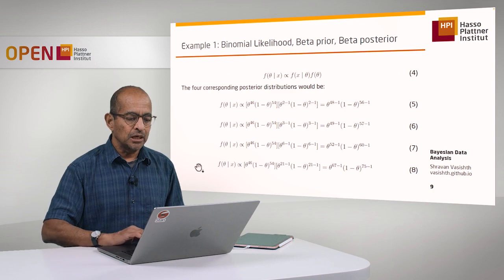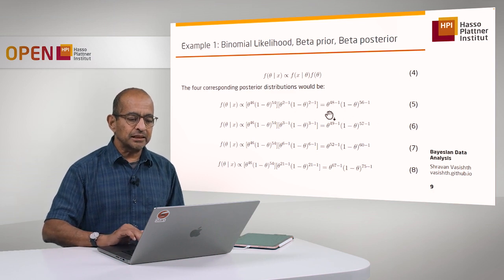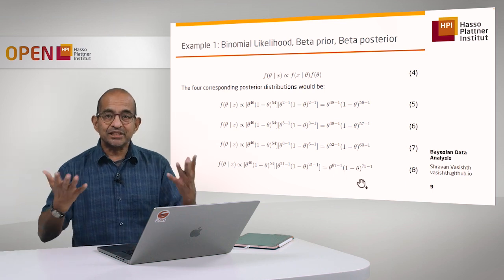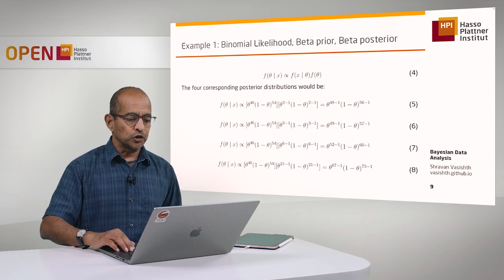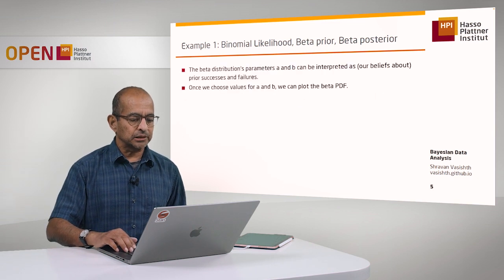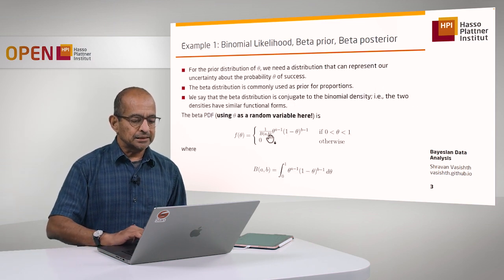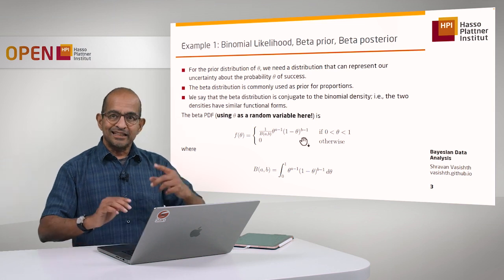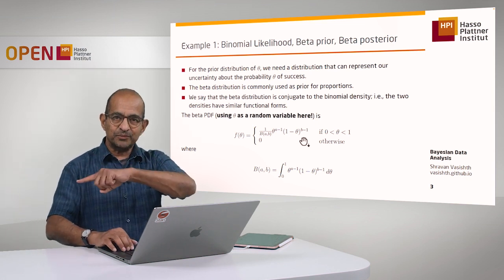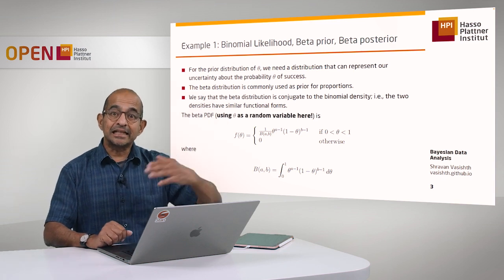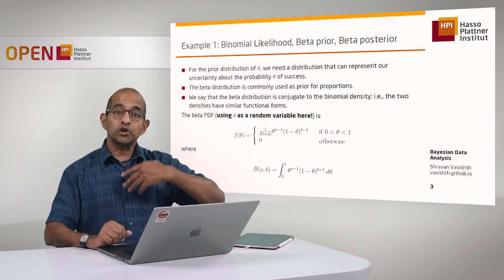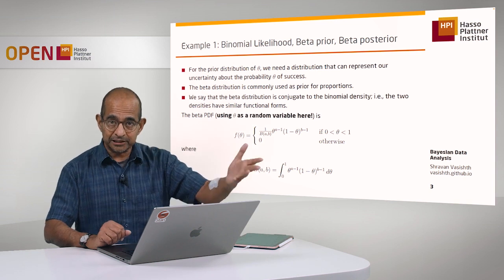How did that happen? Well, if you look at these posteriors here, they all have the same form of the beta distribution kernel. If you go back to the beta distribution, what did it look like? This beta distribution kernel is the form that we are seeing in the posterior. So the posterior is just like the prior. It has the same form, so it belongs to the same family of distributions, namely the beta distribution.